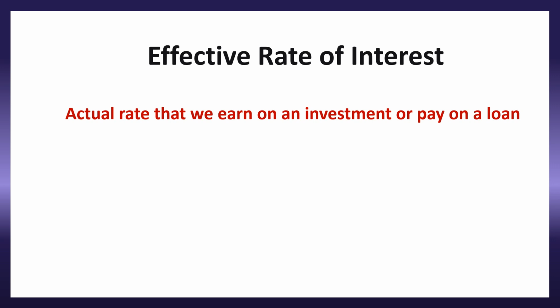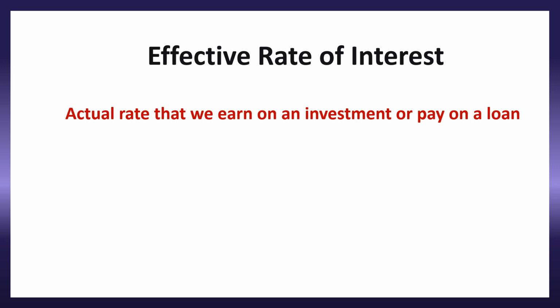For example, if we are paying an interest on 10,000 rupees in the first year, in the second year we have to pay 10,000 rupees plus the interest of first year, and the rate of interest is calculated on this added figure. That means the interest of the second year will be higher than that of the first year.